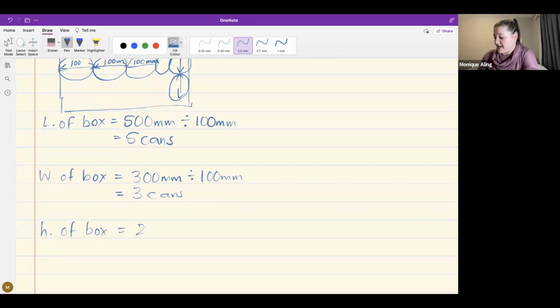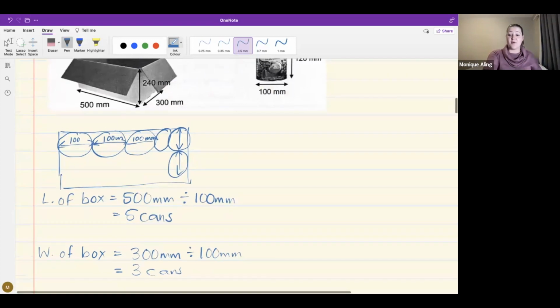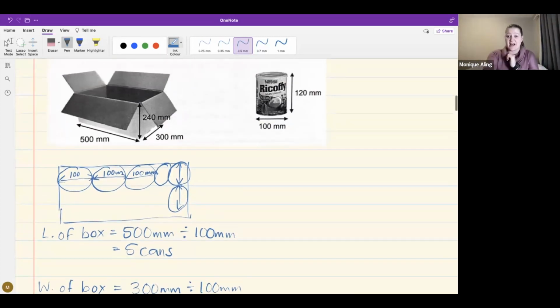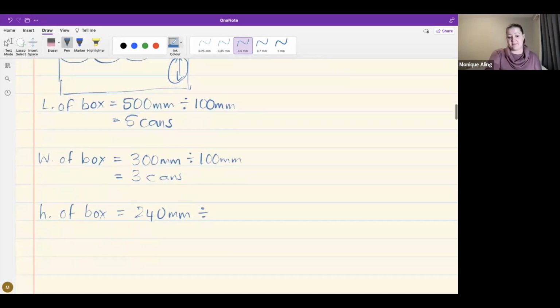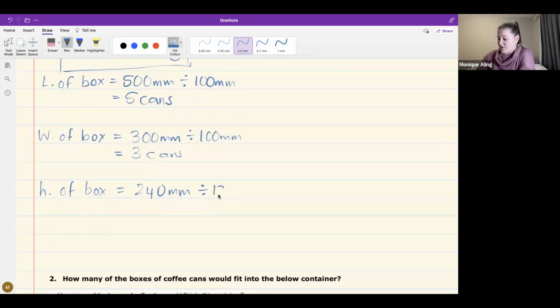So I take my height, 240 millimeters, divide by the height of the coffee can. So I'm going height versus height. The height of the coffee can is 120 millimeters. So divide by 120. And that means I could basically have 2 layers. 2 cans can fit on top of each other in this box.